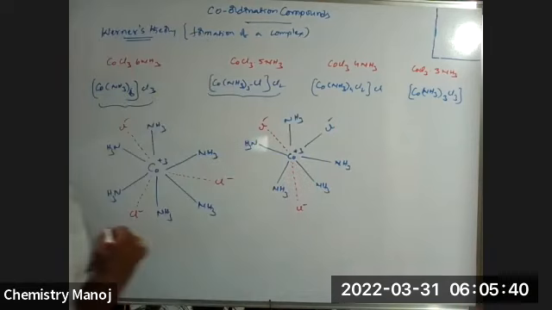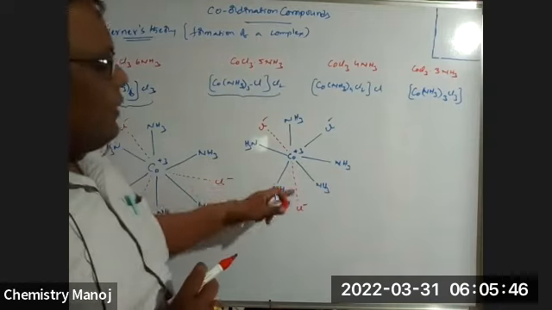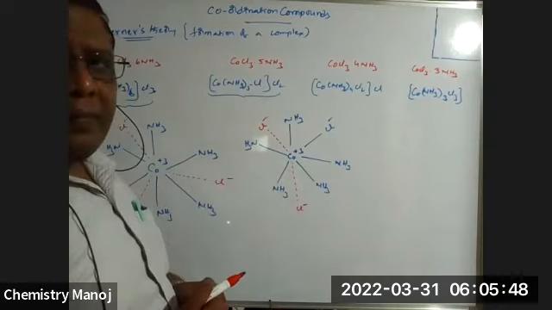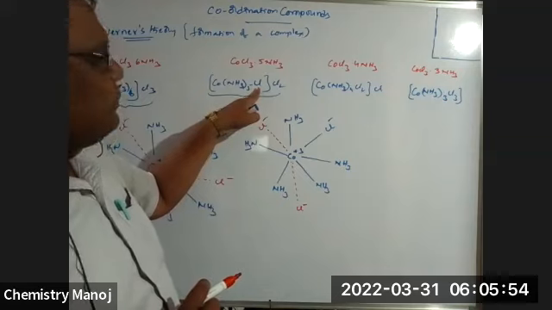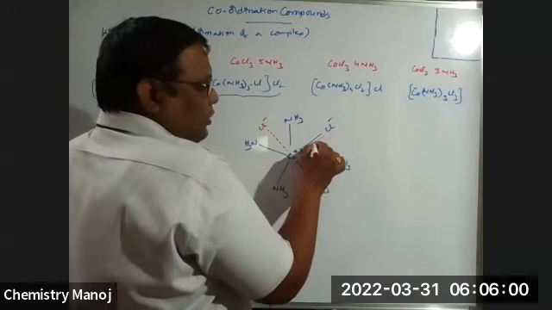Do they satisfy primary or secondary valency? Only primary valency. But this inner chlorine satisfies both primary valency and secondary valency. So that's why this chlorine also has a dotted line.